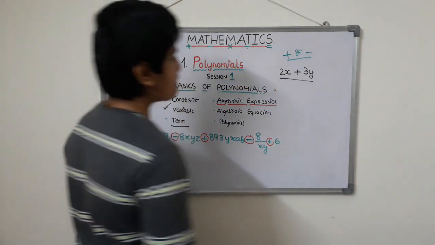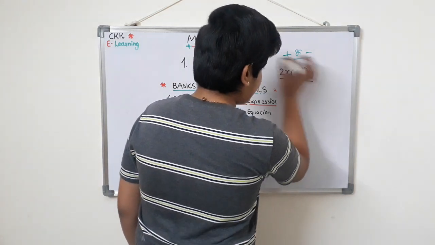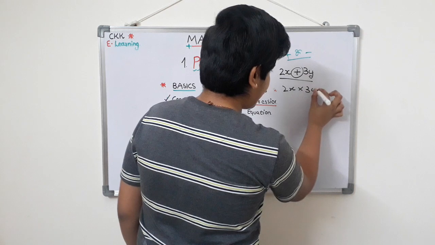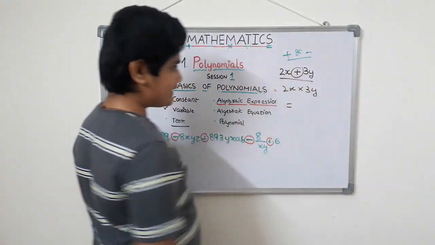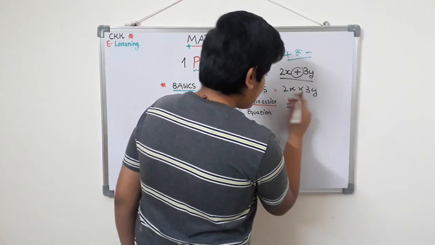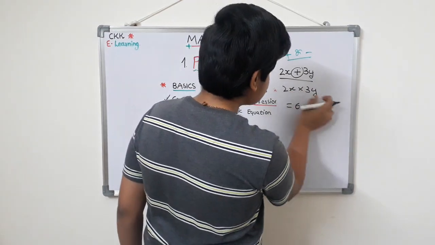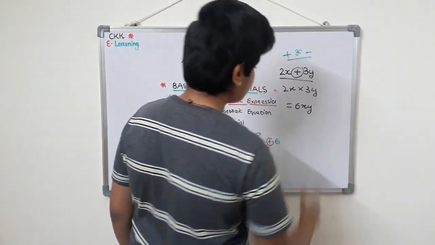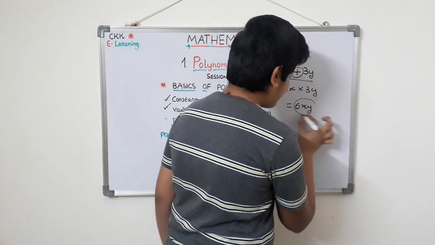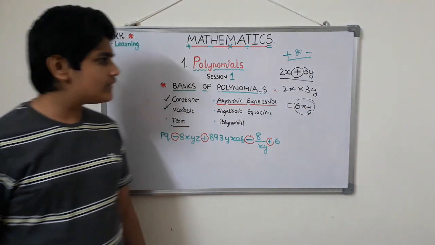Now see, if we multiply, here what you will get: 3 2s are 6, x into y, xy, 6xy. If we multiply them, we get a term.